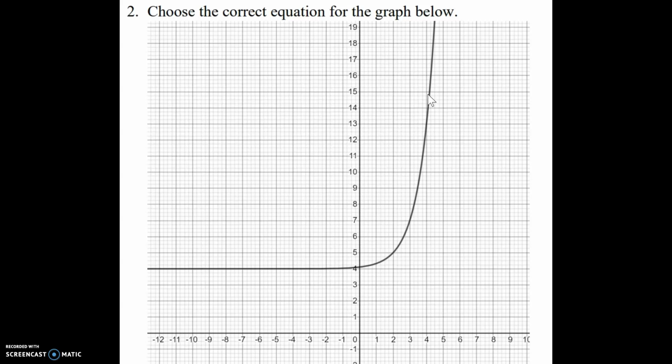Well, this is going to affect the y values, because what it really means is it has been shifted up by 4 units. So up or down, that's affecting the y values. Okay, so we need to take our key point of (0, 1) and add 4 to it. Okay, so that would give us (0, 5).